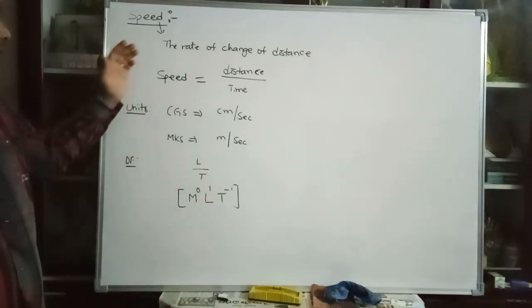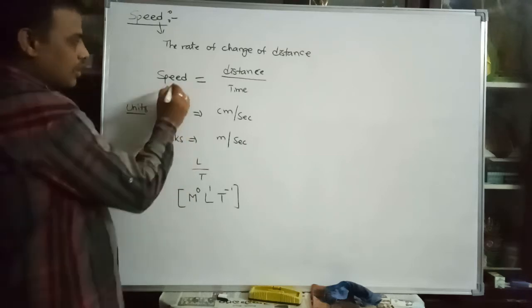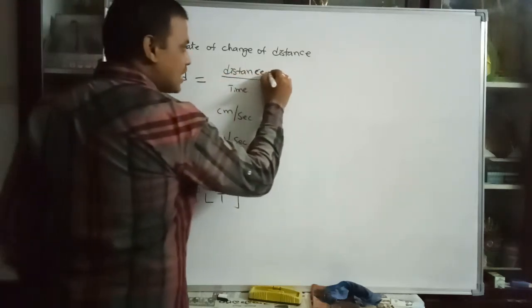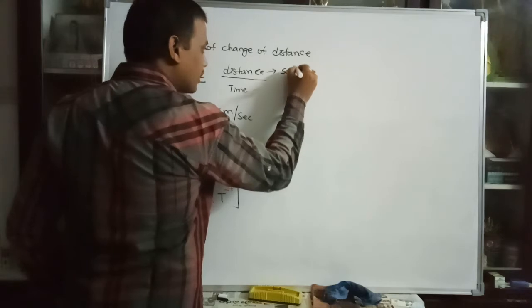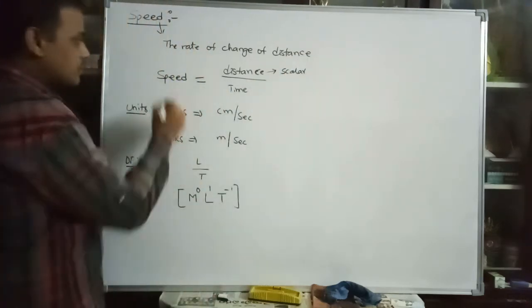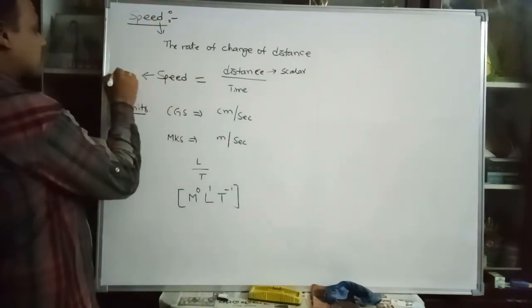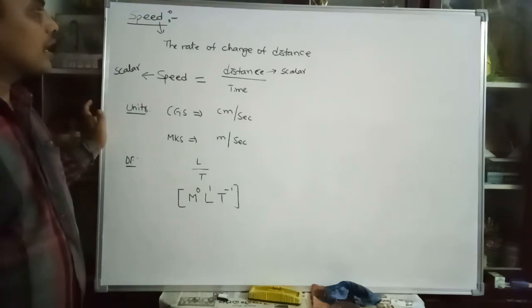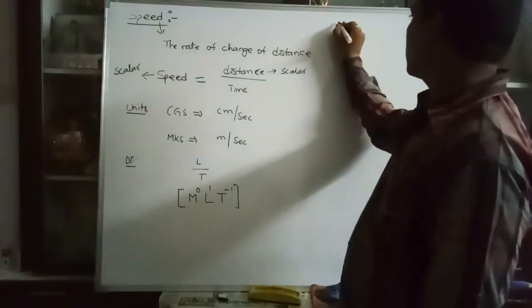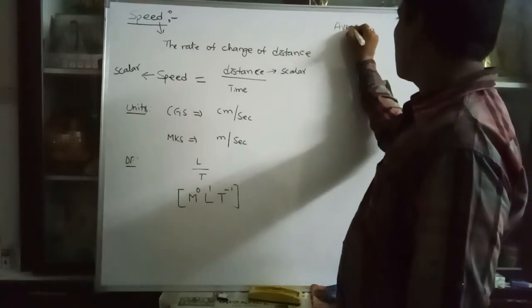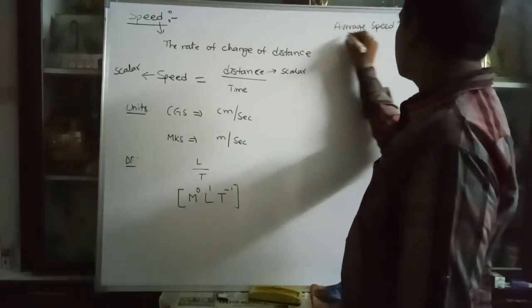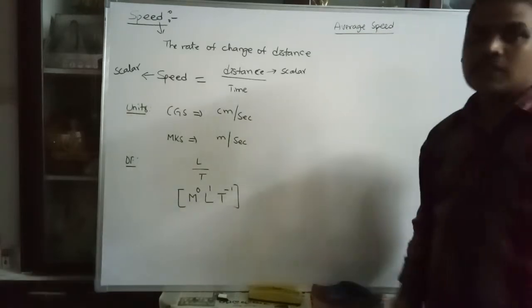So according to the formula, speed is equal to distance by time. Here distance is a scalar quantity, so speed is also a scalar quantity. After that, one more definition is required, that is called average speed, which can simply be called mean speed.